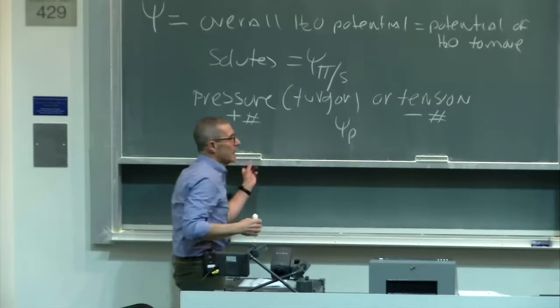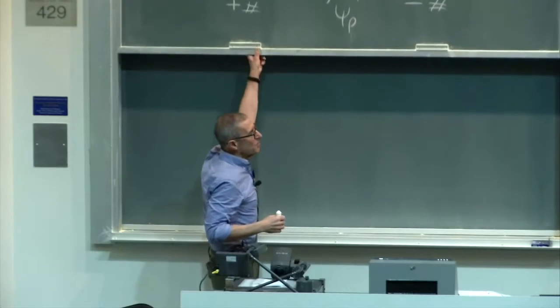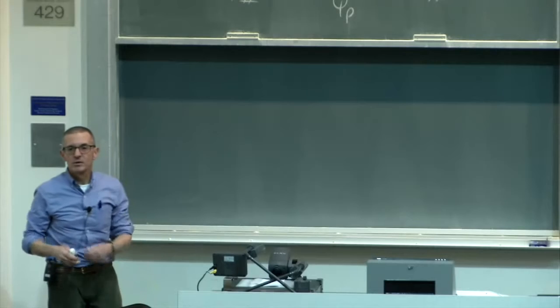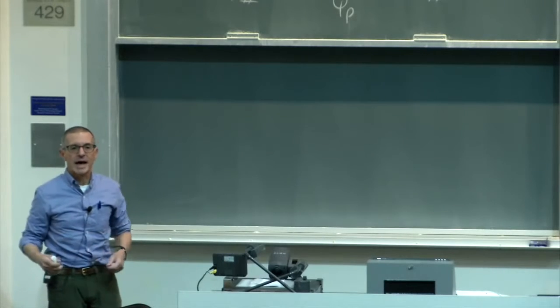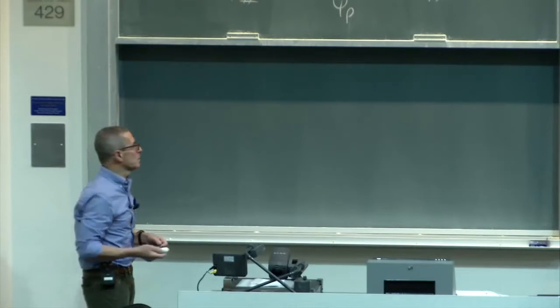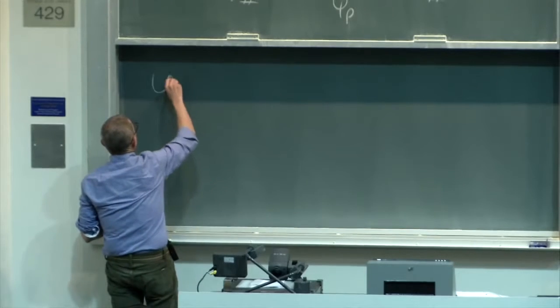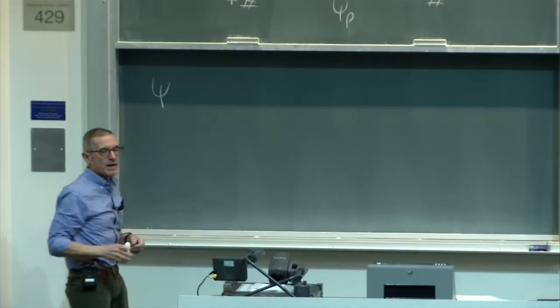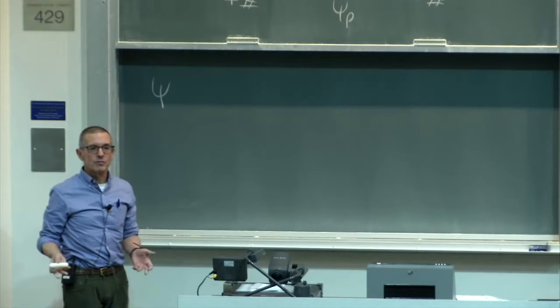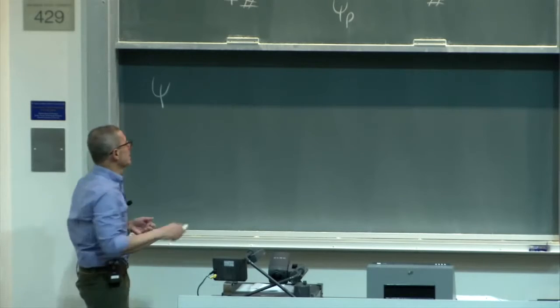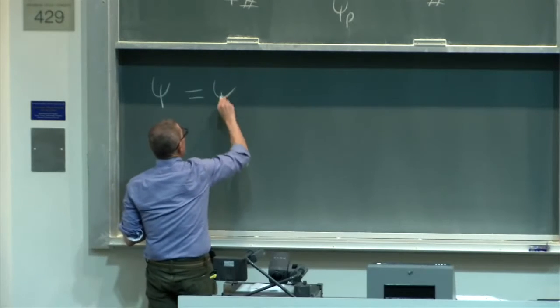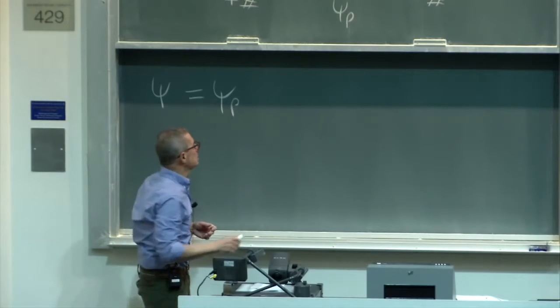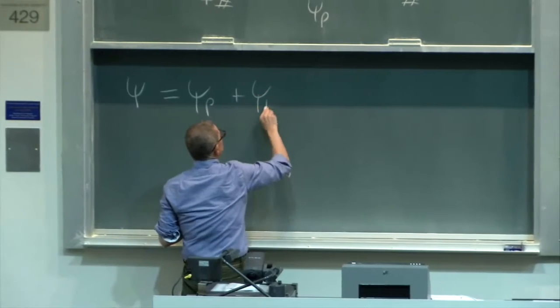psi sub p. Now what I'd like to do is to put the three components together. Most of you who have read through the lab know what the components will be. And those three components are arranged in the following way: the overall movement of water from one region to another is determined by adding the pressure potential and the solute potential.